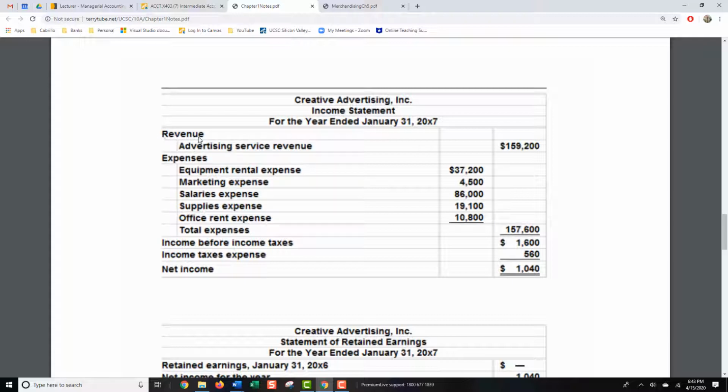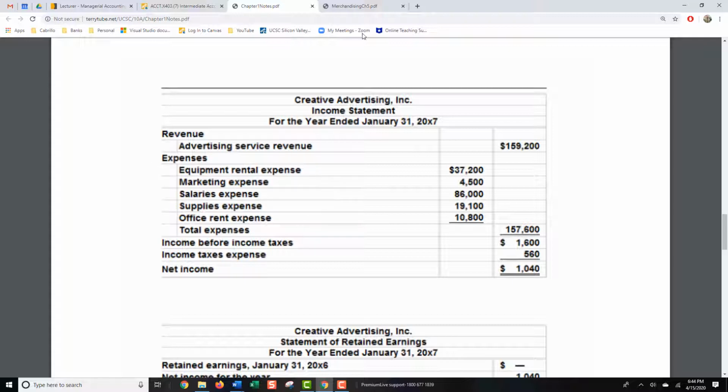You record all your revenues, subtract all your expenses, and get net income before taxes. Then you subtract your taxes to get your final net income. Because you're just showing revenues minus expenses, you know you're in a service industry.